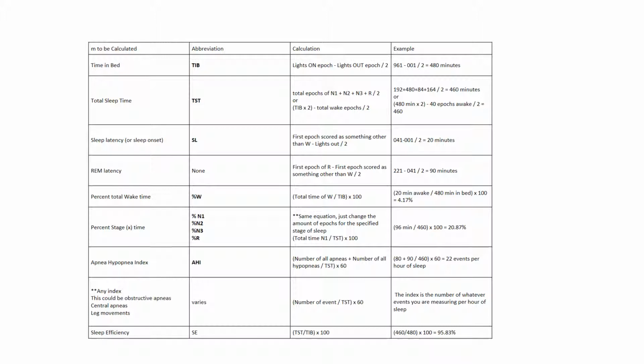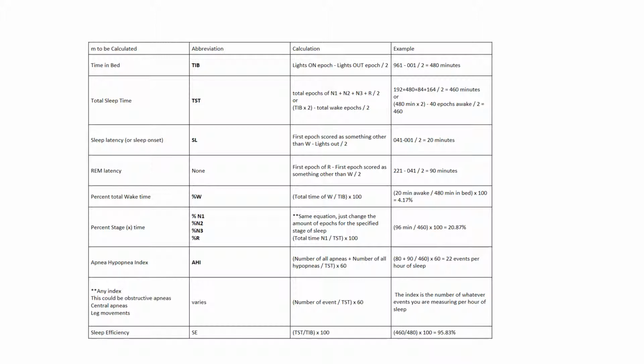So let's say the patient had 80 obstructive apneas and 90 hypopneas. We would add those together, divide it by 460, and then take it times 60, and we would get 22 events per hour of sleep. And we use the term events because we know that it's not all apneas and it's not all hypopneas, so it's a combination, so we just call them events.